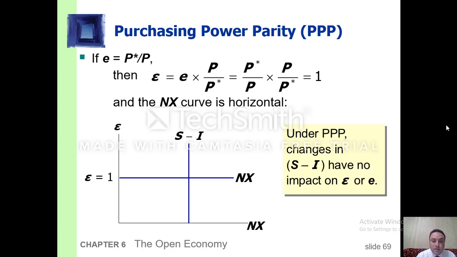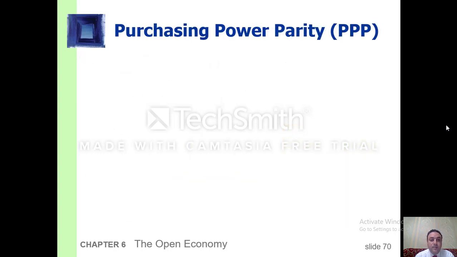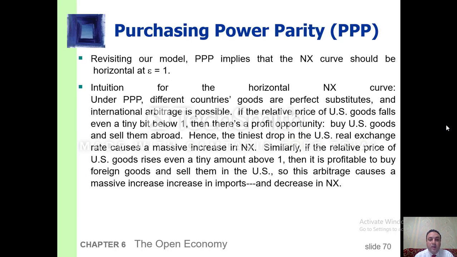So it is fixed or constant, and the net exports will be the same or fixed. So revisiting our model, the purchasing power parity implies that the net exports curve should be horizontal at the real exchange rate equal to 1. And the intuition for the horizontal net exports curve is that under the purchasing power parity, different countries' goods are perfect substitutes, and international arbitrage is possible.